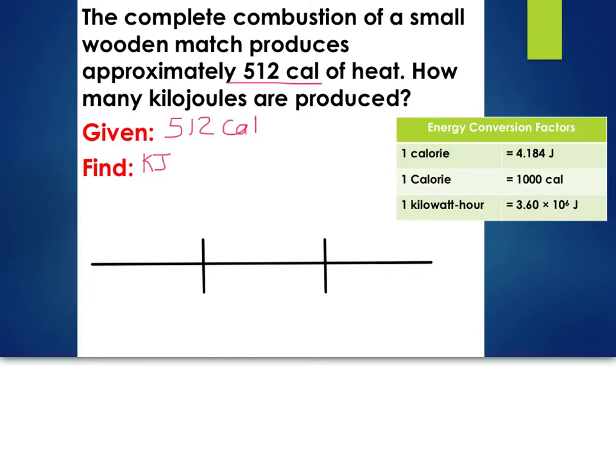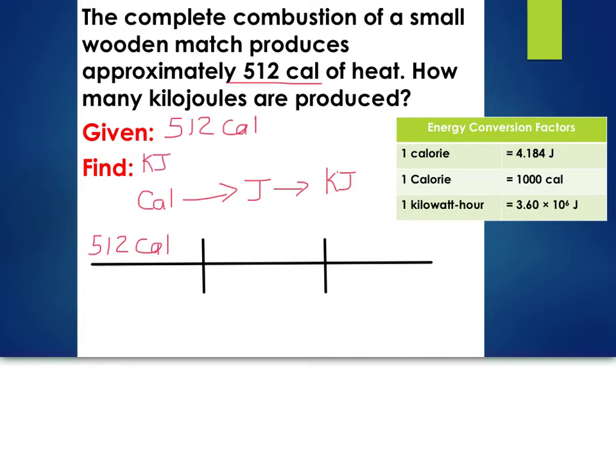So where do we start? We start with our small cal. We go to joules. And then from joules we go to kilojoules. So let's set up our dimensional analysis. We start with 512 cal.